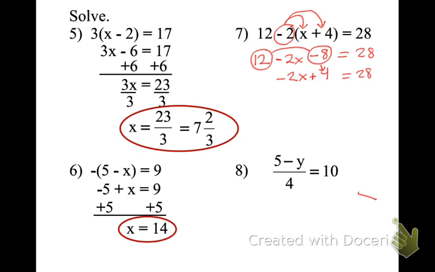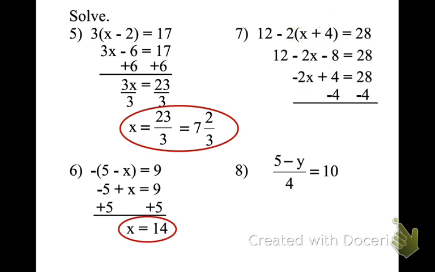Next step would be to subtract 4. Negative 2x equals 24. I have to divide both sides by negative 2. And x is equal to negative 12. Okay?